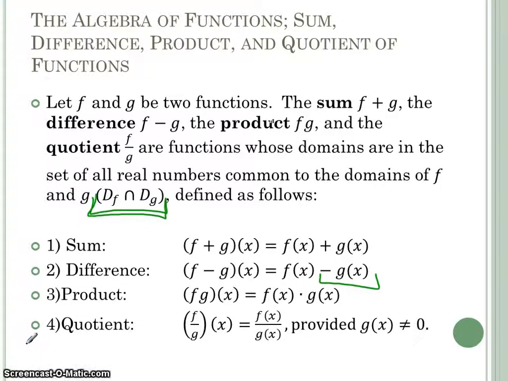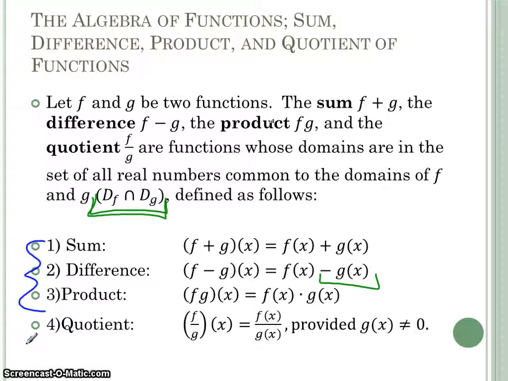So the domain for the first three, the sum, difference, and product, is always the same. If you get it right on one, you're going to get it right for all three. The domain for the quotient might be the same, or you might have a couple of extra exclusions. It's going to at least have to exclude whatever you did before, and then you might have a couple more things that make that denominator 0 that you have to worry about.